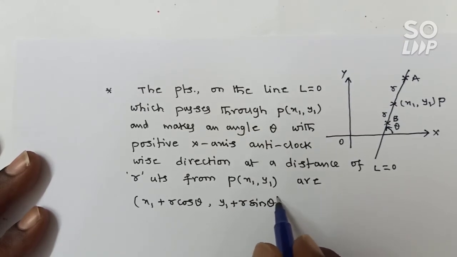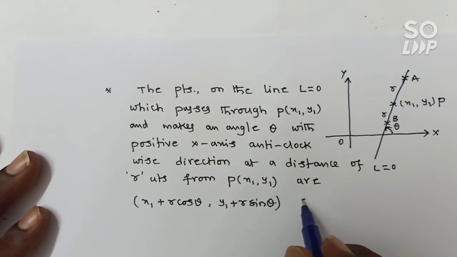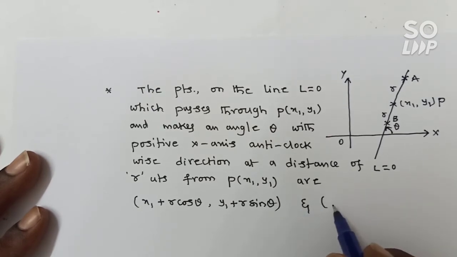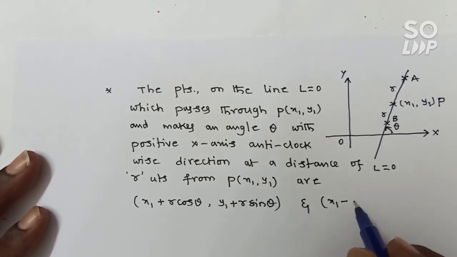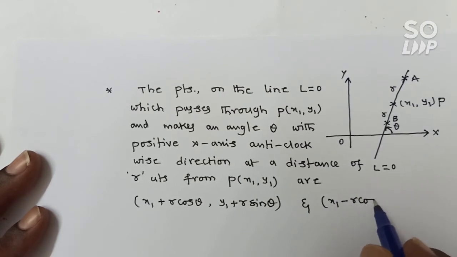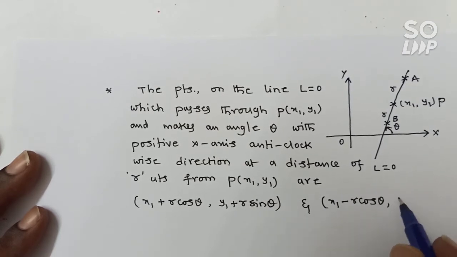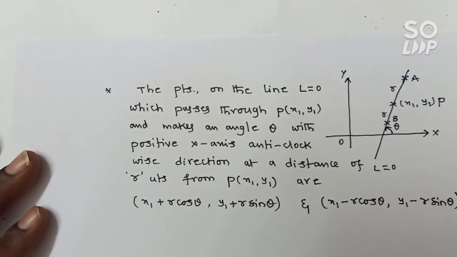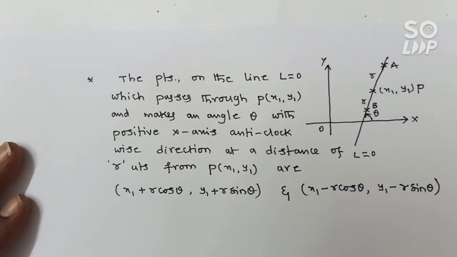This is one point, and another point will be x1 minus r cos theta comma y1 minus r sin theta. So this is one of the most important points.